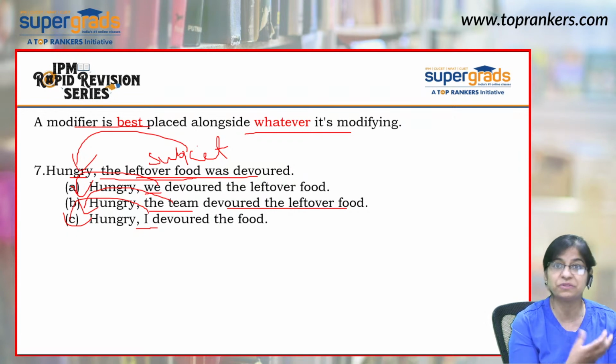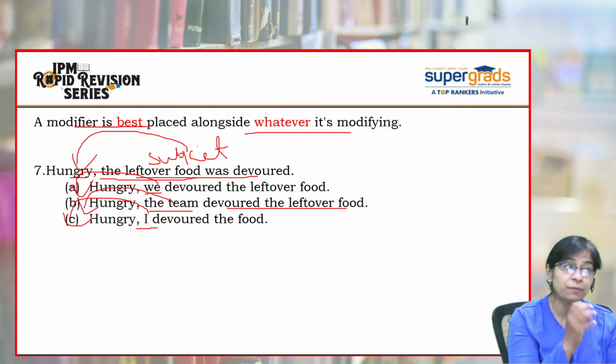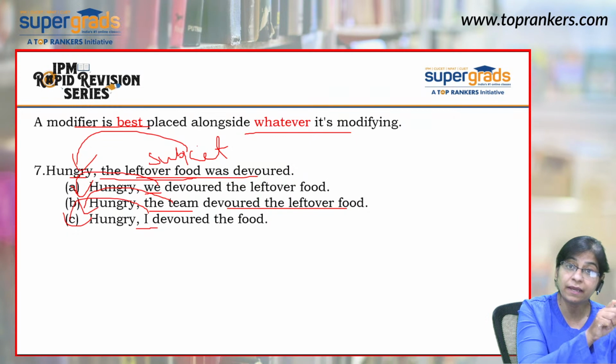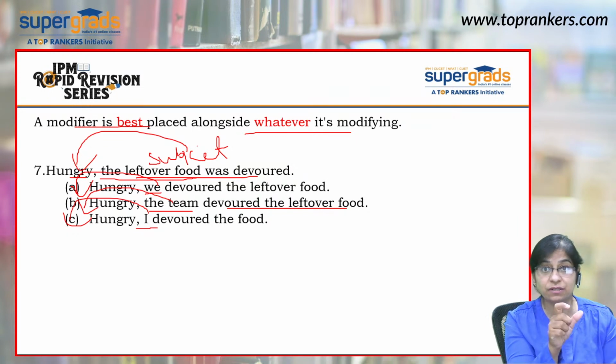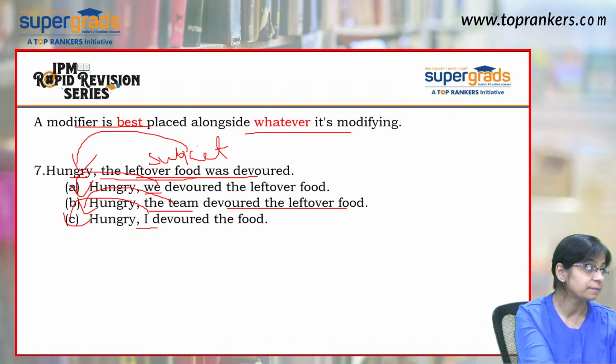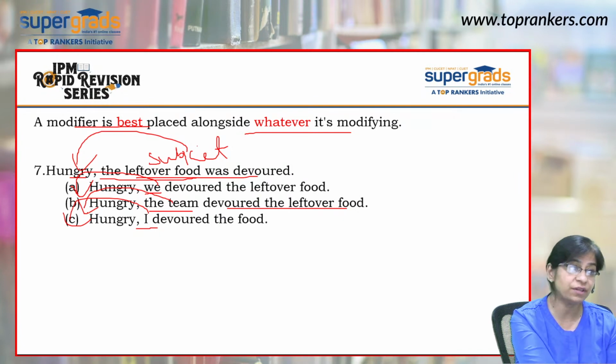You could have used anything under the sun to give this structure a subject, because who was hungry in the sentence? The word hungry best modifies the subject here. So we need a subject here to show what hungry best modifies. All right. Now, in this case, all the three options are right.